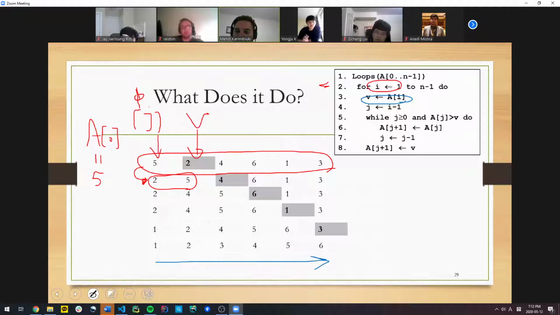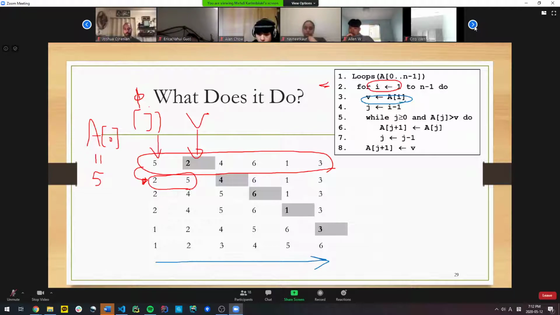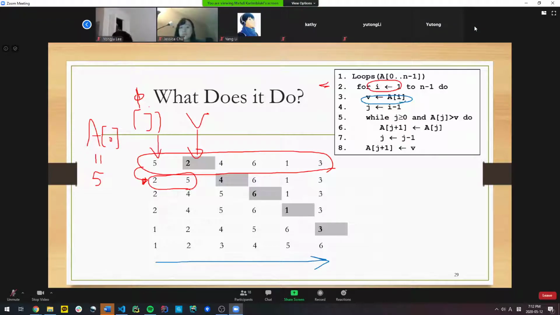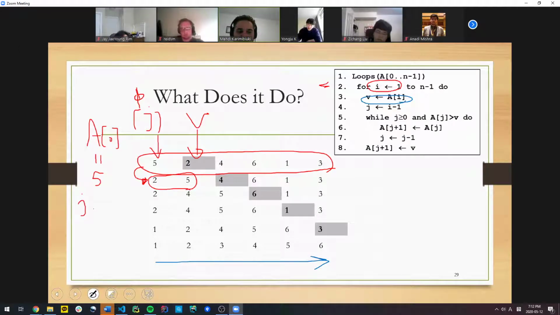J was 0. Now J is going to be minus 1. So the new value of J is minus 1, right?